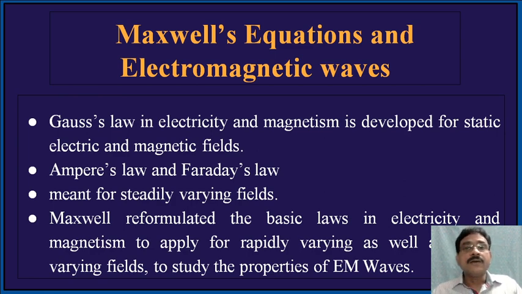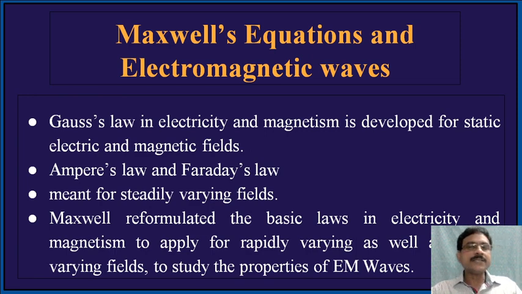Whereas whenever electromagnetic waves are propagating through a medium, a vacuum or free space, rapidly varying electromagnetic fields are associated with them. That means electromagnetic waves are always associated with rapidly varying electric and magnetic fields.